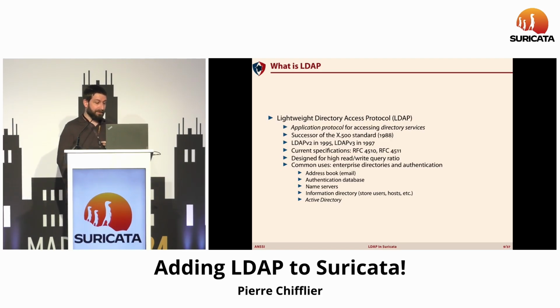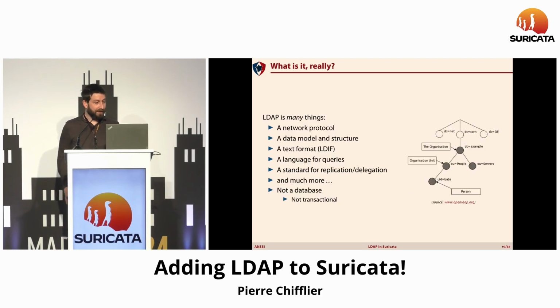The common use is storing data for enterprise directories, like, of course, address books, but also authentication databases, name servers, and so on, and of course, Active Directory. So LDAP is many things. It's a network protocol, which we'll talk about, but it's also a data structure, which is a tree.